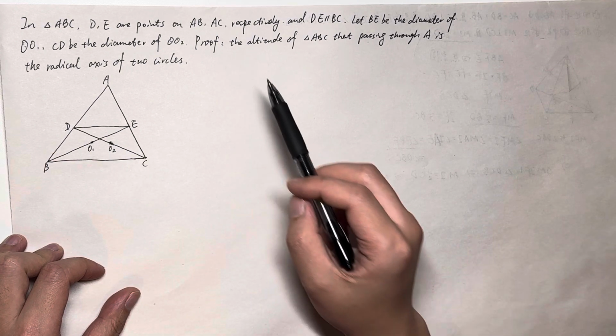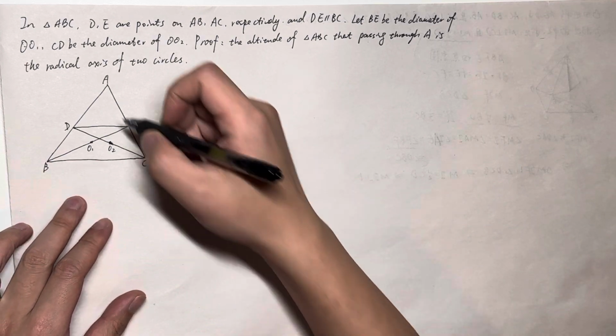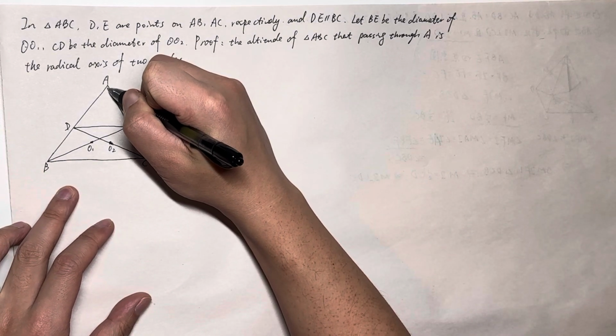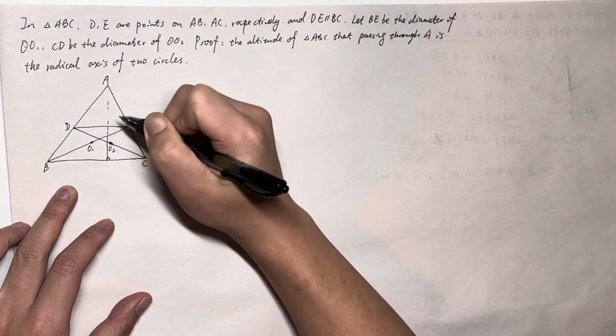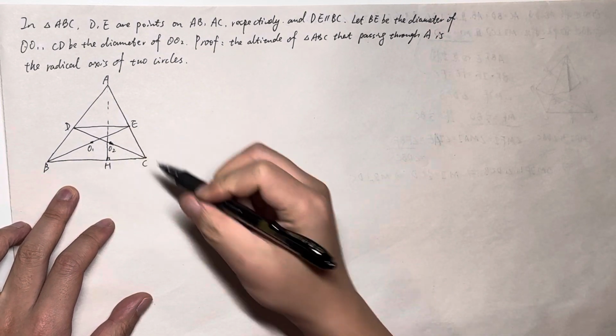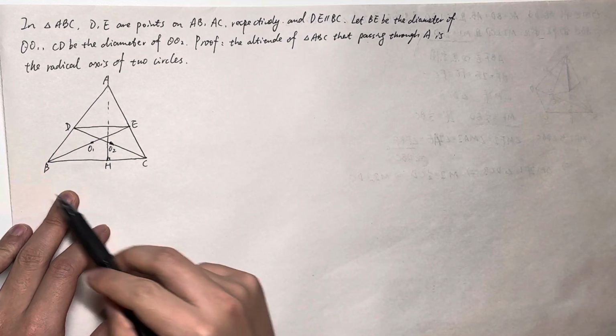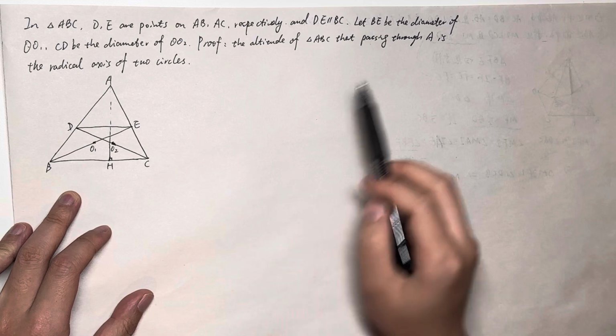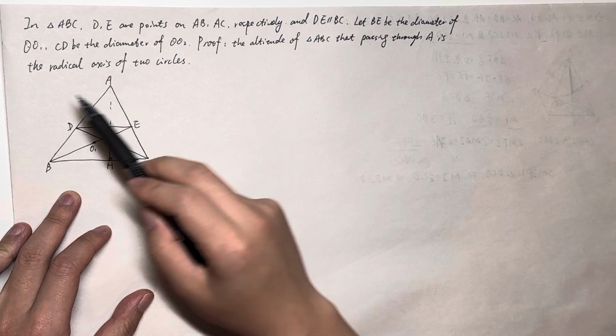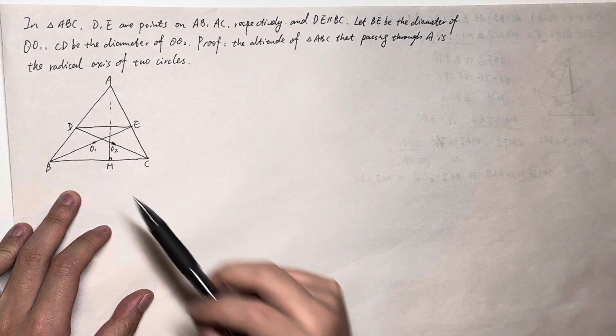Prove that the altitude AH of triangle ABC that passes through A is the radical axis of the two circles.